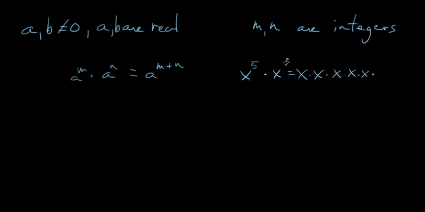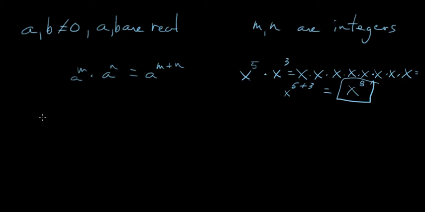And x to the 3rd power is x times x times x. How many factors do we have? 1, 2, 3, 4, 5, 6, 7, 8. And so this equals x to the 8th power, which equals x to the 5 plus 3. So if you're multiplying and they have the same base, you just add the exponents. That's all that means. Very simple.